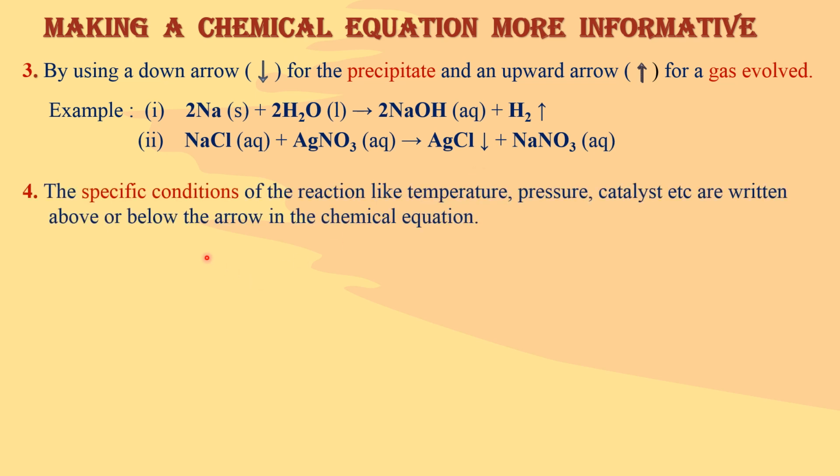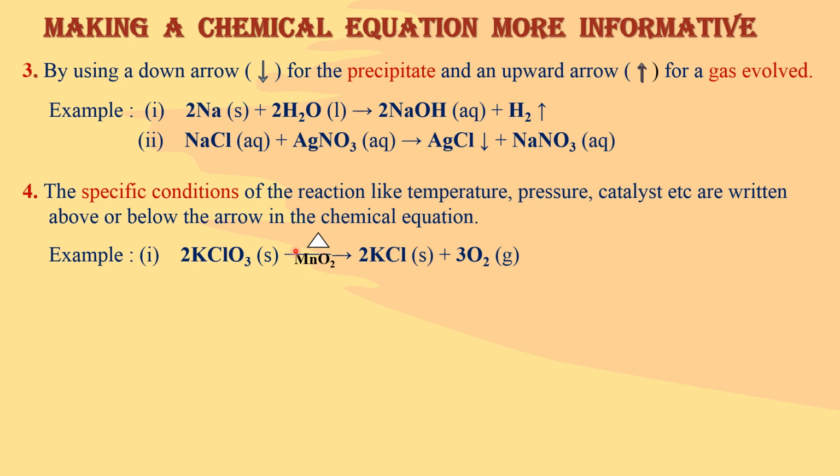Next, the specific conditions of the reaction like temperature, pressure, catalyst, etc. are written above or below the arrow in a chemical reaction. For example, when potassium chlorate KClO3 is heated in presence of manganese dioxide as catalyst, it decomposes to form potassium chloride and oxygen.